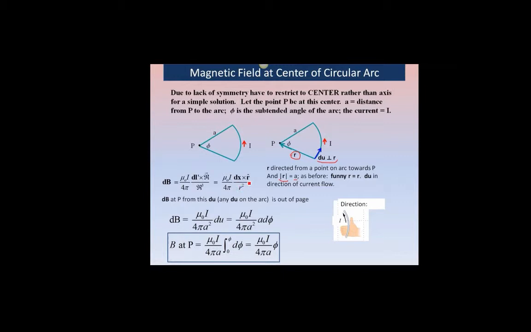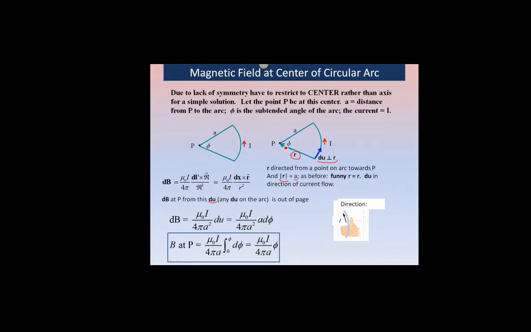If we put that into our equation here, then dB at P from this little differential dl times I, and any dl on the arc, will be out of the page in terms of direction. So this is similar to the circular loop, except it holds for this partial arc.